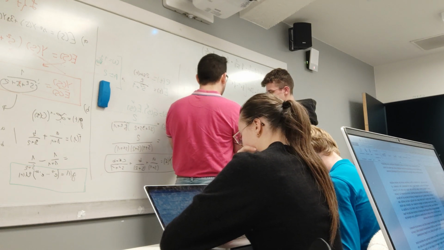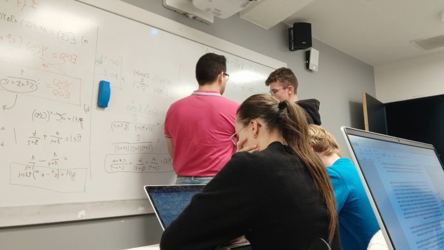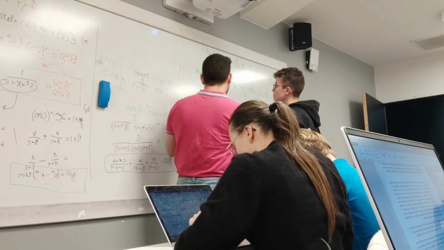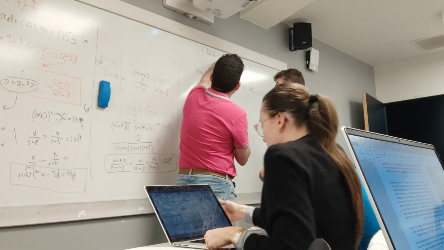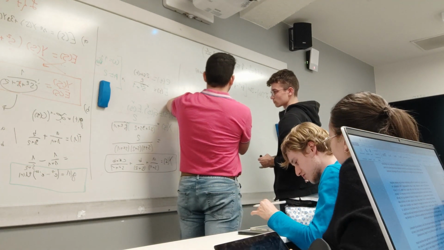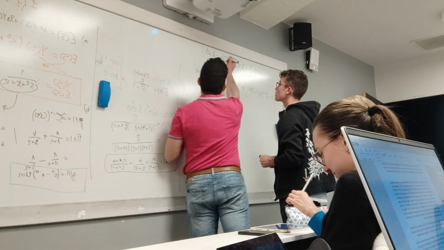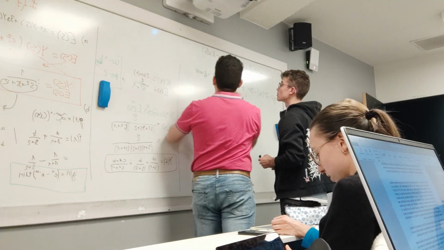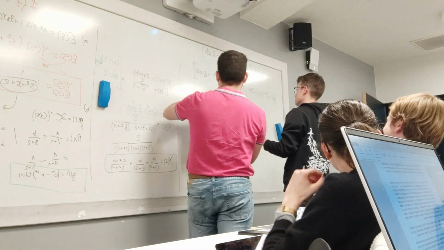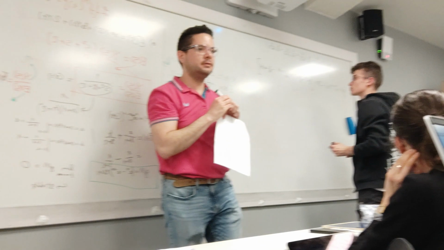You are doing the inverse Laplace transform. Let's expect that this one has this shape: 1 divided by s squared plus something squared, because there is 1 squared here. And here you have s divided by s squared plus something squared. So at the end, how about this, Felix?